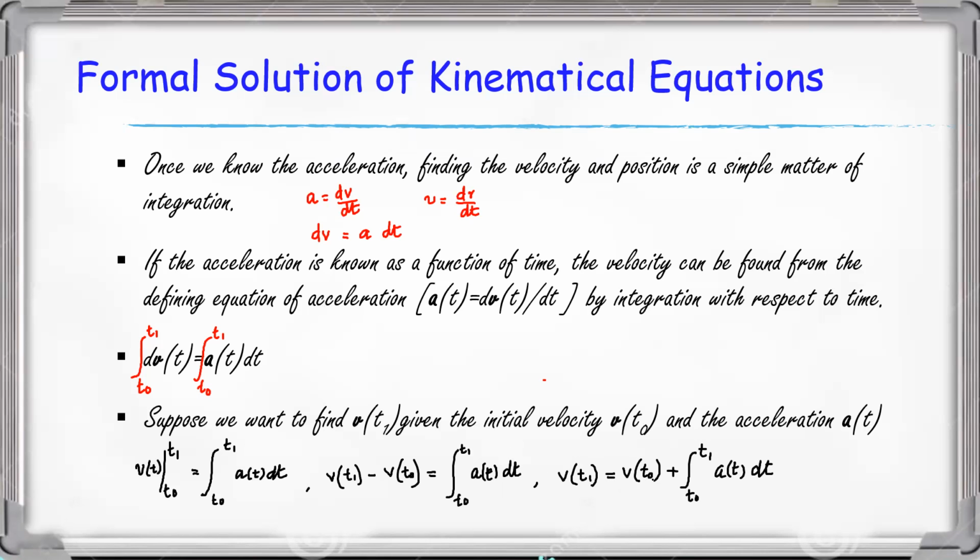Here in this case, the initial time is t0 and we find the velocity at time t1.